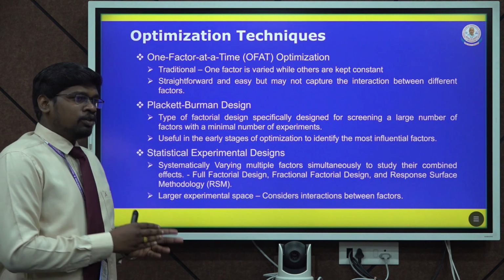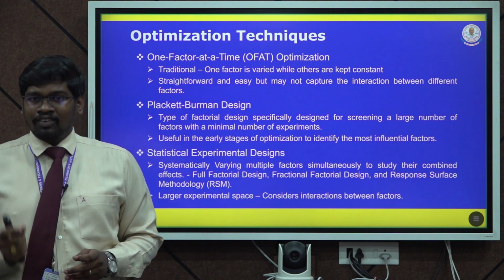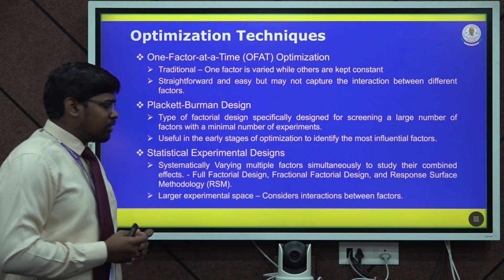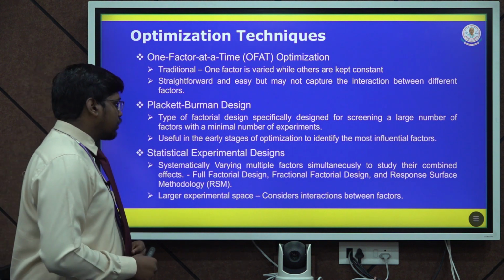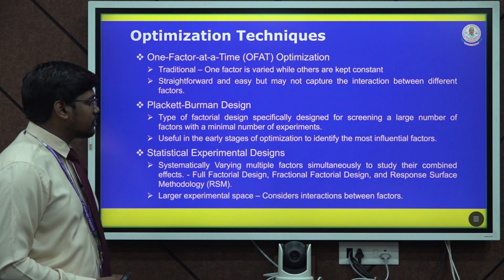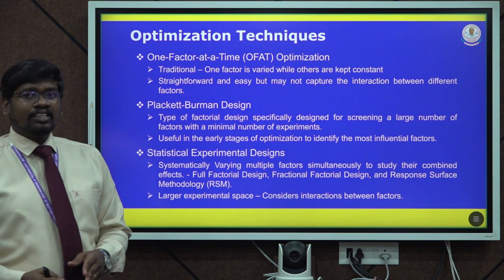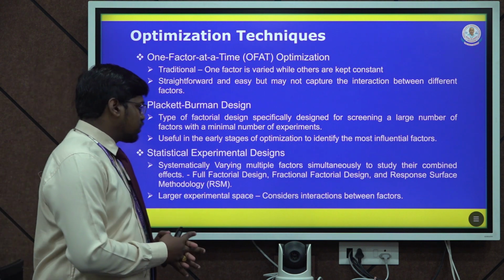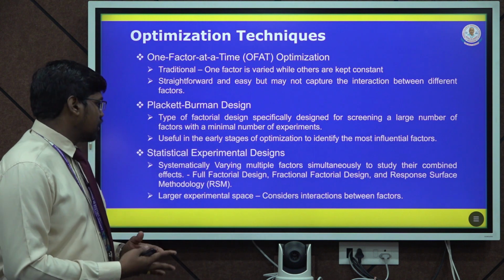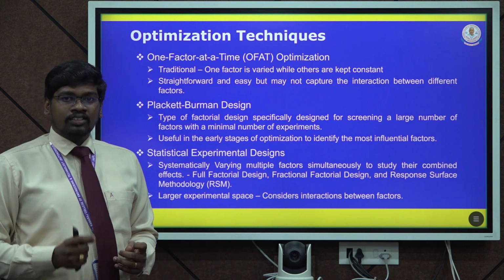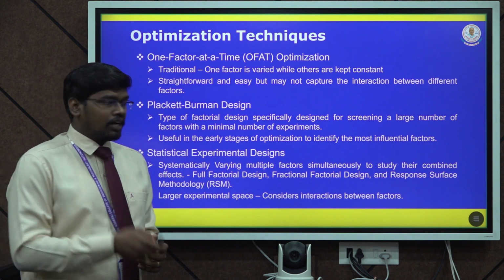This design is used to systematically vary the factors to simultaneously study their effect on the optimization process. The full factorial design, fractional factorial designs and response surface methodology come under this. So this is suitable for larger experimentation. It will also consider the interaction between the factors.